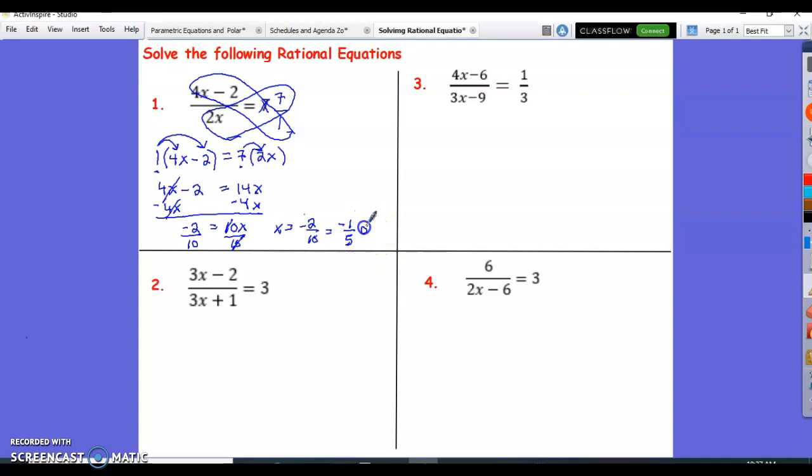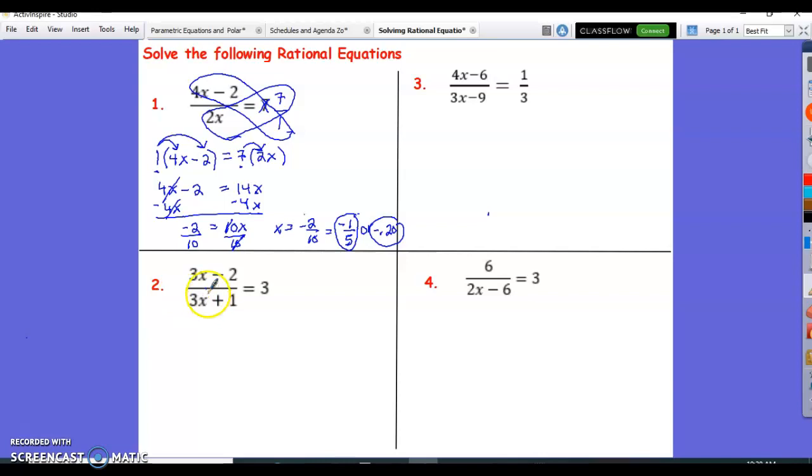And if you want to change this to decimal form, you can use your calculator and divide negative 1 divided by 5. In decimal form, that would be negative 0.20. So decimal form, or the simplified form of this fraction, is acceptable.